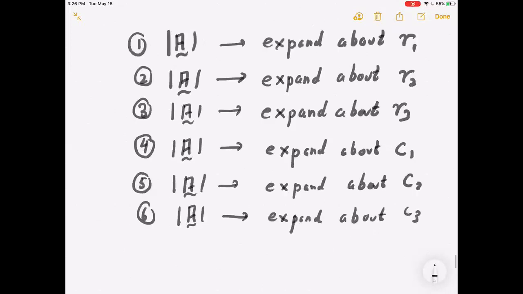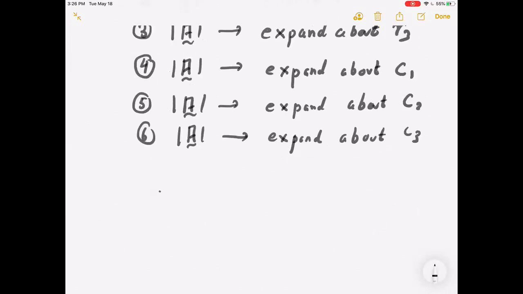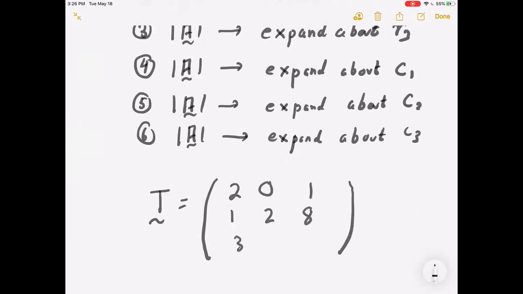So what's the big deal? Why do you want to have a method that gives you multiple ways to approach it? Well, I'll give you an example.